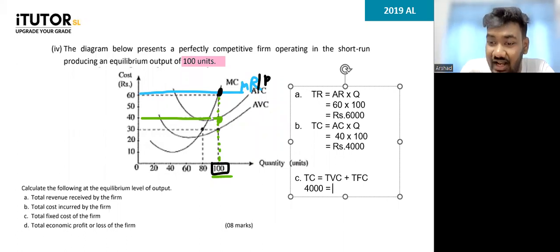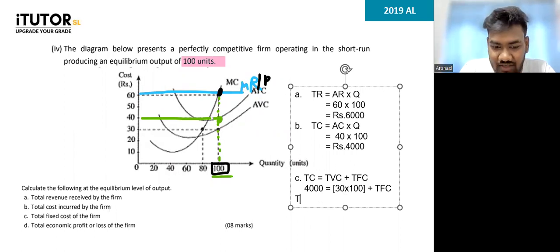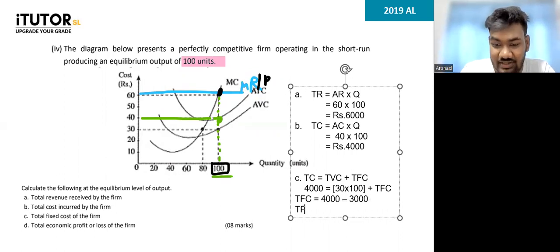Different ways of getting it. Average variable cost is 30. So 30 into 100 plus the total fixed cost. So total fixed cost is equal to 4,000 minus 3,000. Total fixed cost equals rupees 1,000.